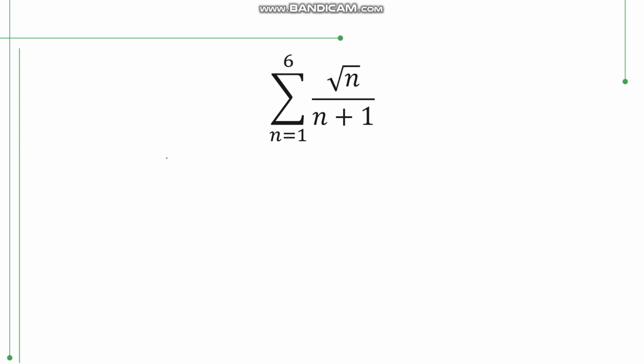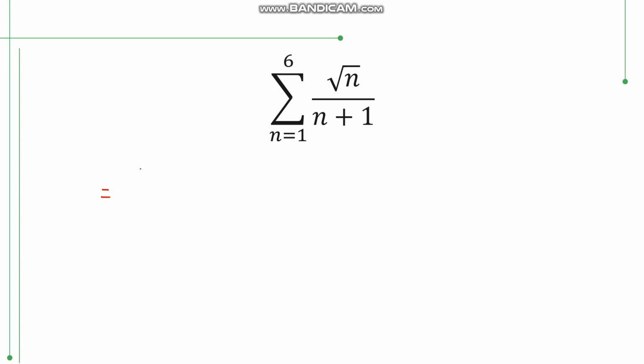And for our last example, let's have the summation of square root of n over n plus 1 from n equals 1 up to 6. As you can see, the variable that we use now is n. Again, it depends on the given, so it's not always i. But same case, all we have to do is substitute. This time, we will start with n equal to 1 up to 6, and then we will simplify.